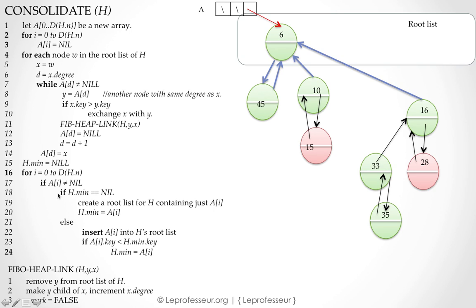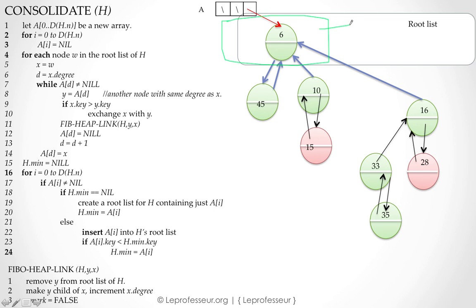so we are out of this if condition. But we are now in this if condition when A of 2 is not nil. And now if H.min equals nil, which we already have, then create a root list for H containing just A of i, which means we create a root list containing node number 6 for the final Fibonacci heap tree after removing the original root.